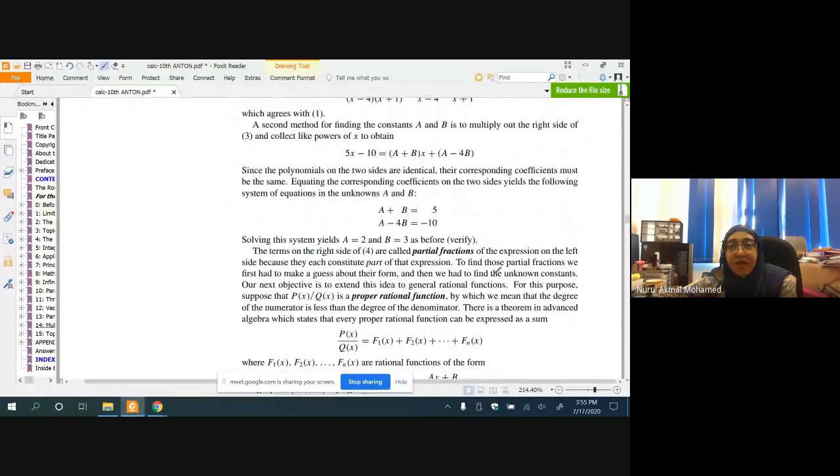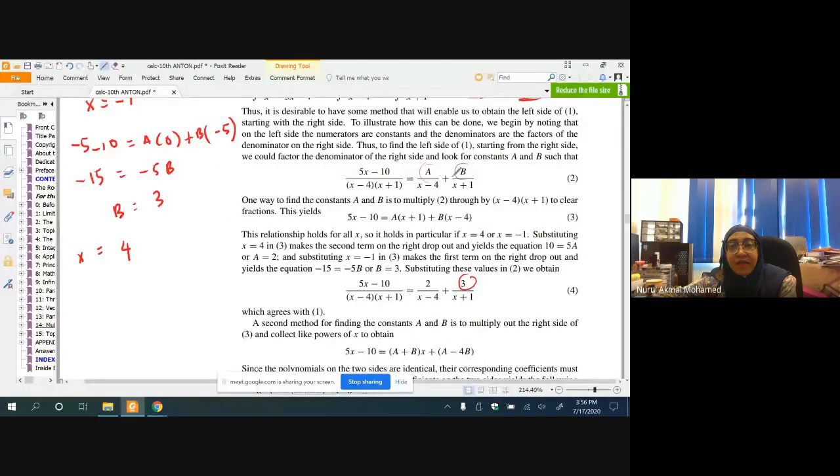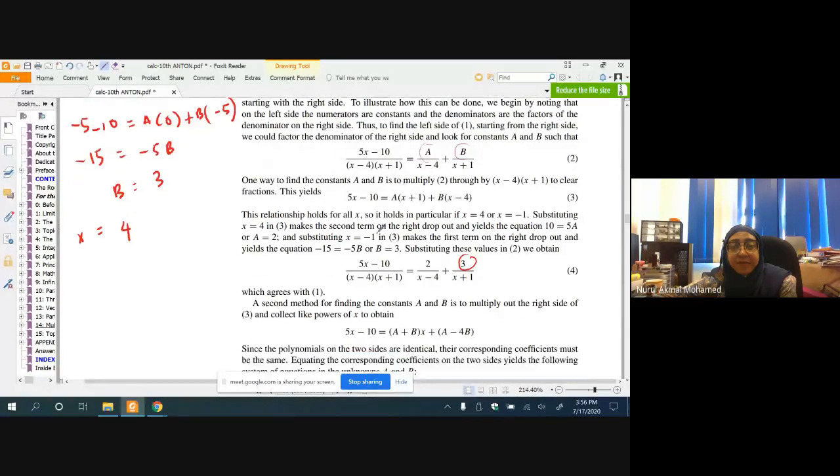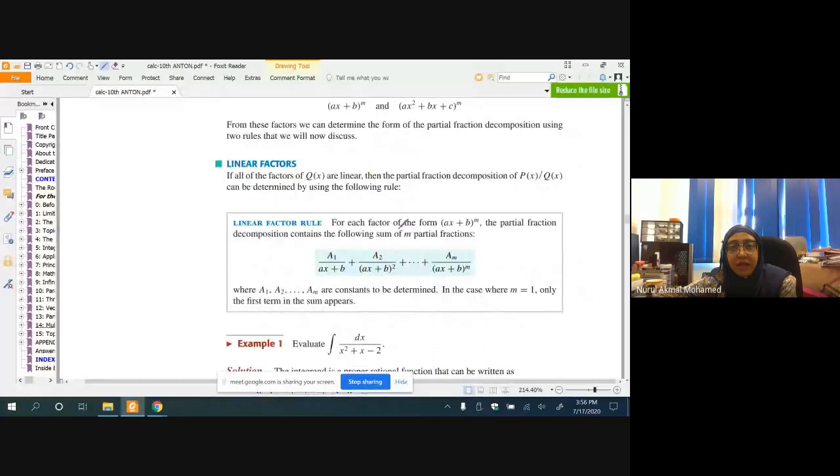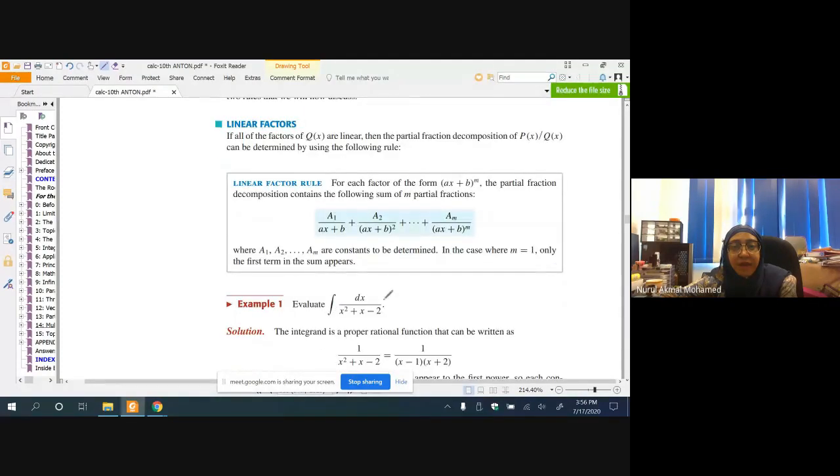So that one is when you have linear factors in the partial fractions.